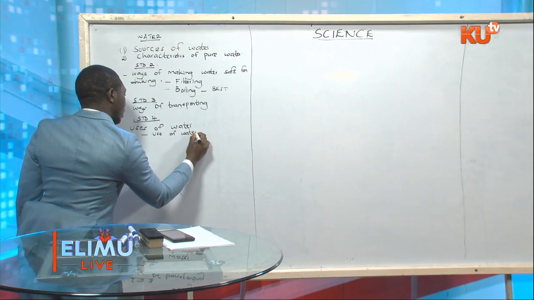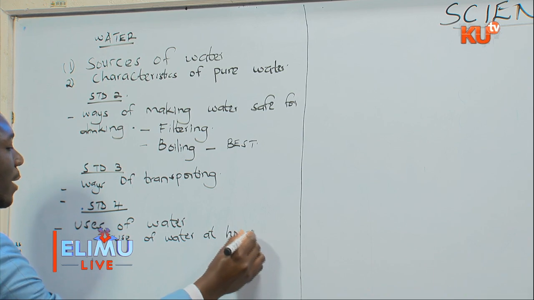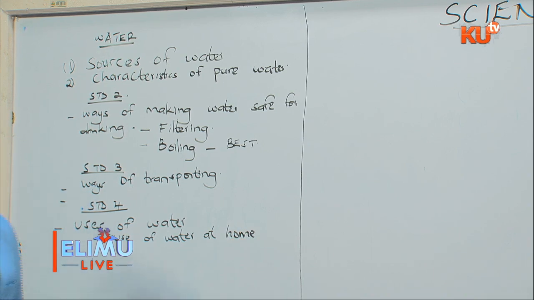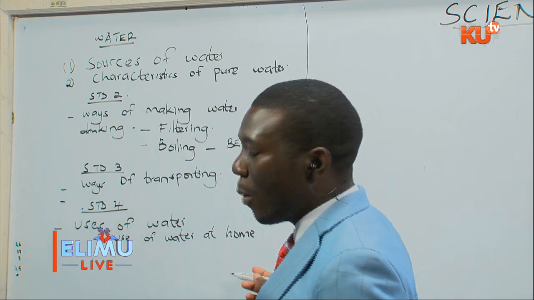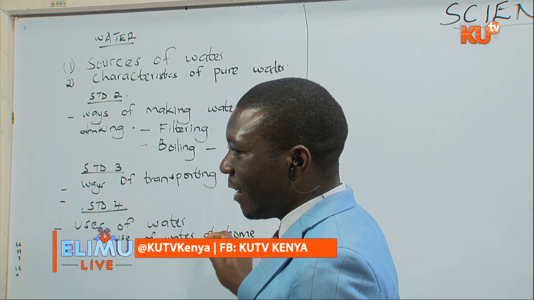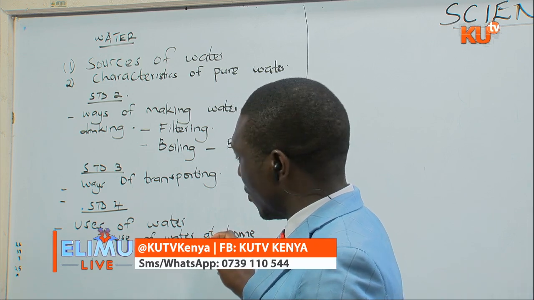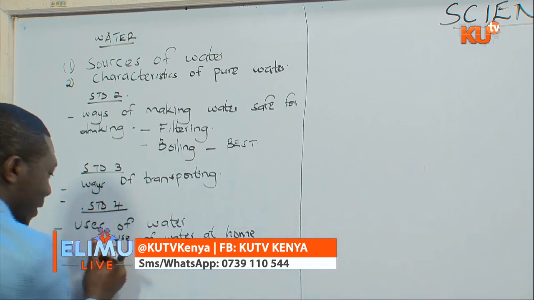We can use water at home simply by drinking. We can drink water when we are traveling, but in the syllabus, we group it as a use of water at home. Drinking is use of water at home, not by transporting or anything else. That one you must get it right.